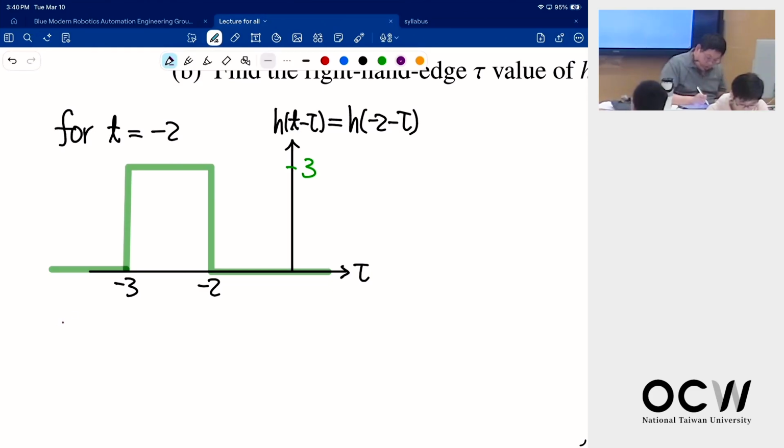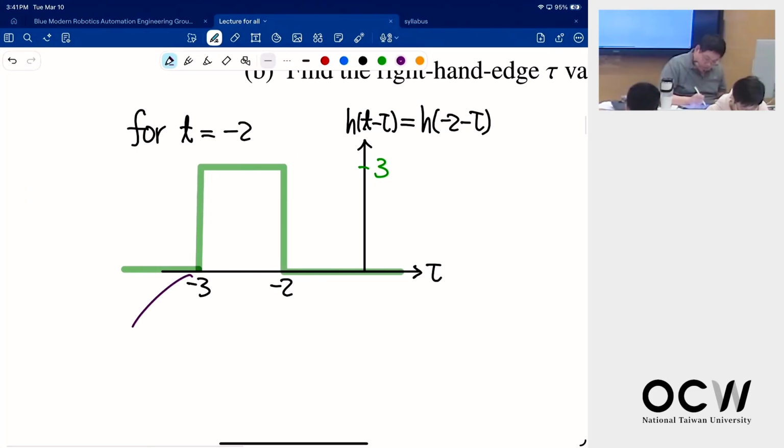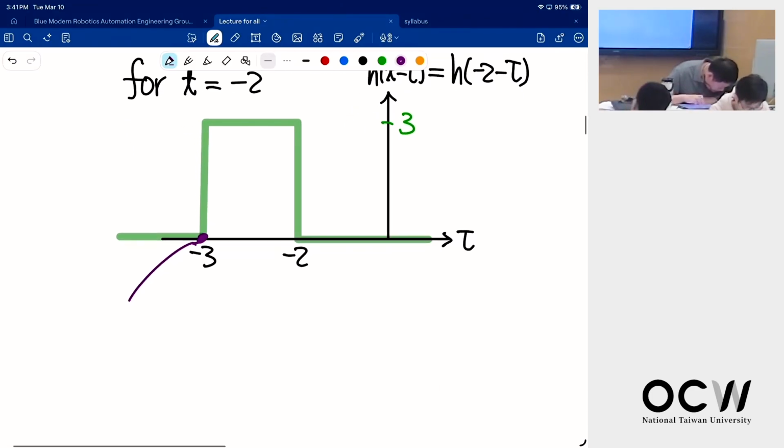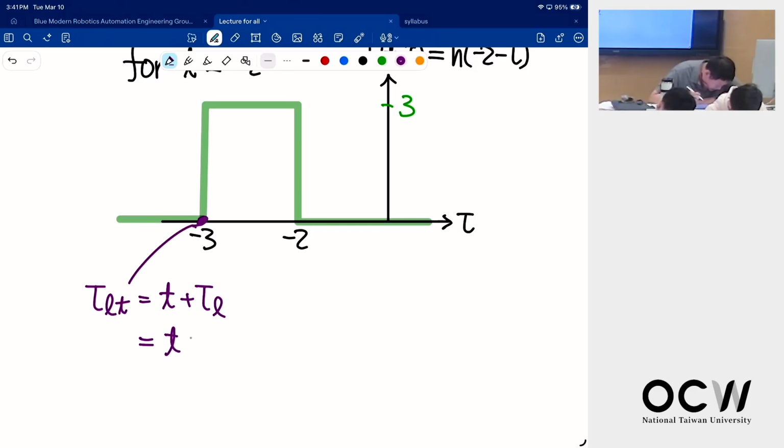And actually this point, that is tau left and t. So it should be t plus tau left. The tau left in this example is minus 1.